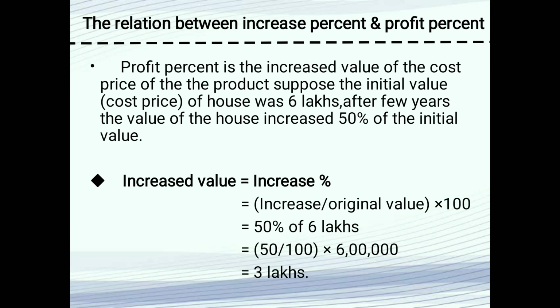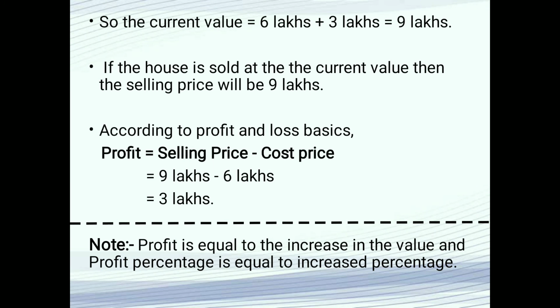Therefore, the answer is 3 lakhs. So, the current value is 6 plus 3 lakh equals 9 lakhs. If the house is sold at the current value, then the selling price will be 9 lakhs. And profit equals selling price minus cost price. Therefore, 9 minus 6 equals 3 lakhs. Here note, profit is equal to the increase in the value and profit percentage is equal to the increase percentage.